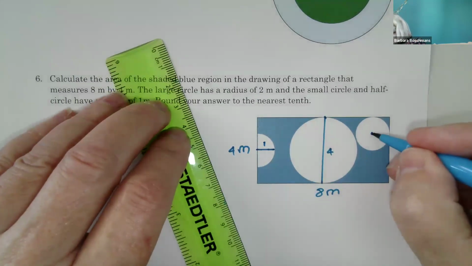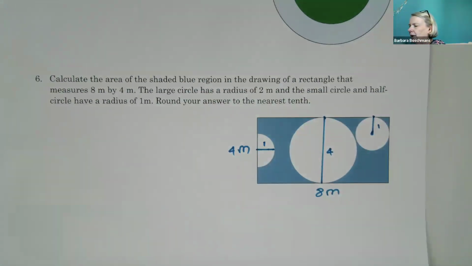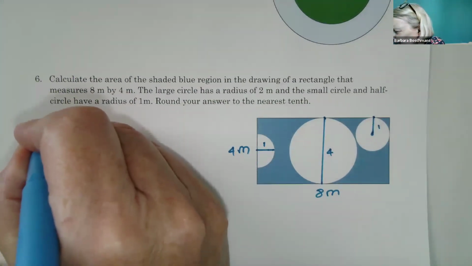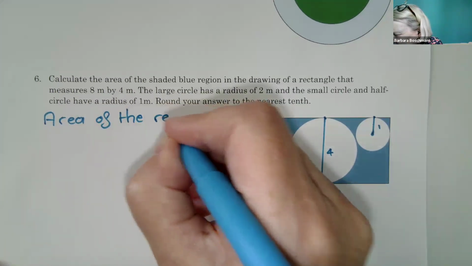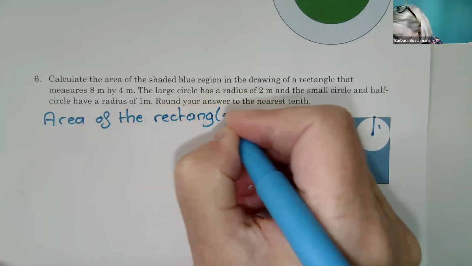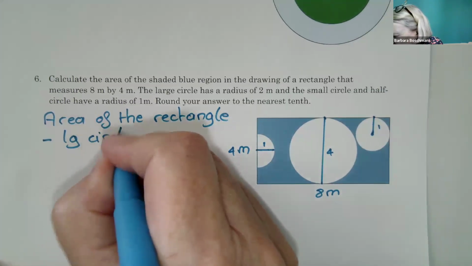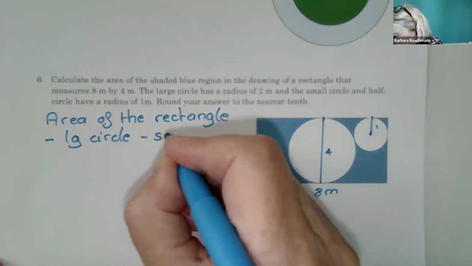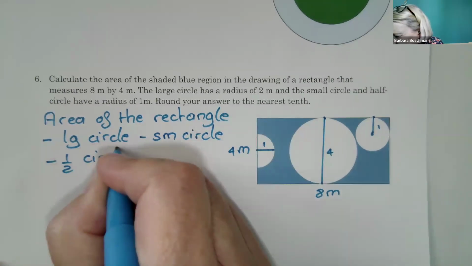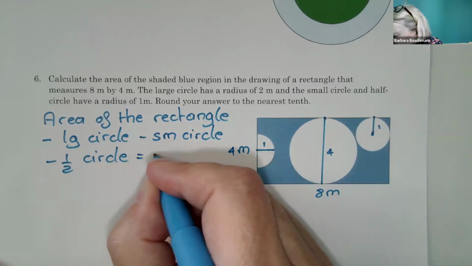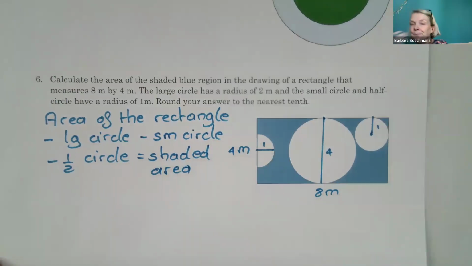This is 1. This is 1. So area of the rectangle minus the large circle minus small circle minus half circle equals the shaded area.